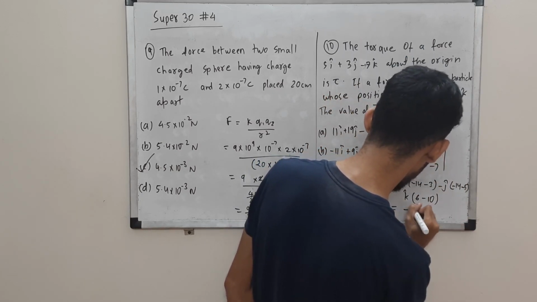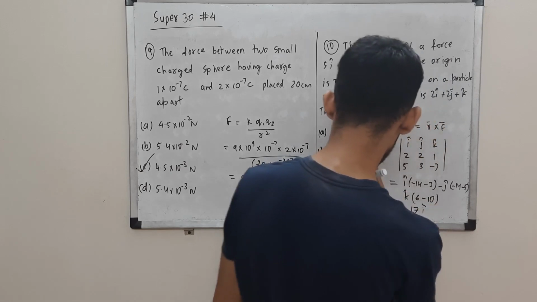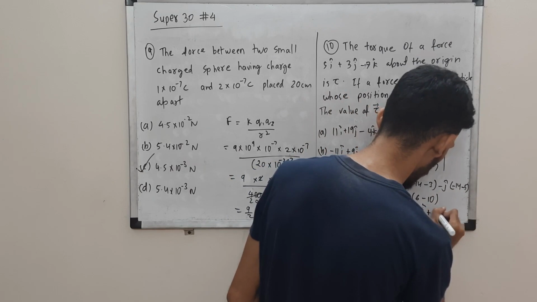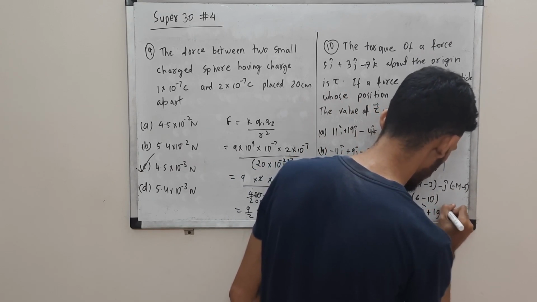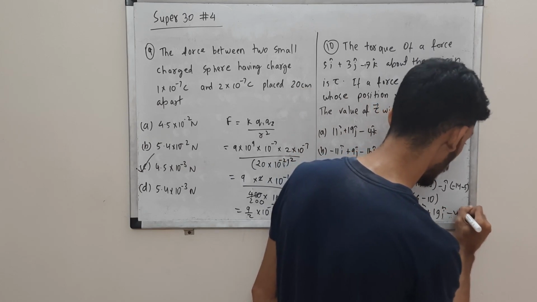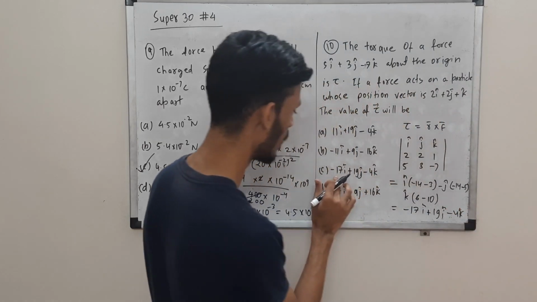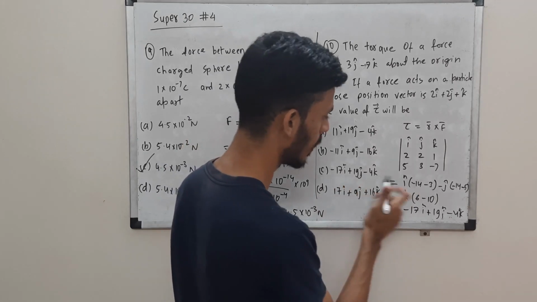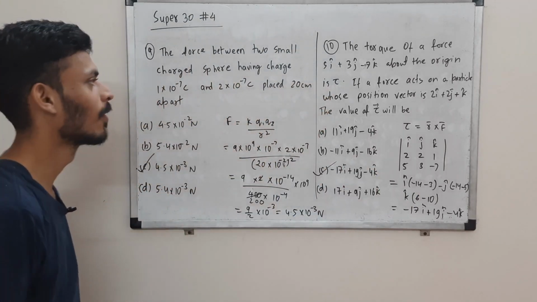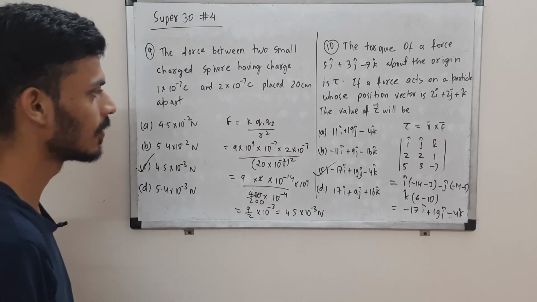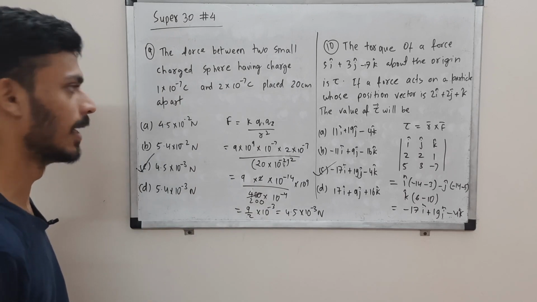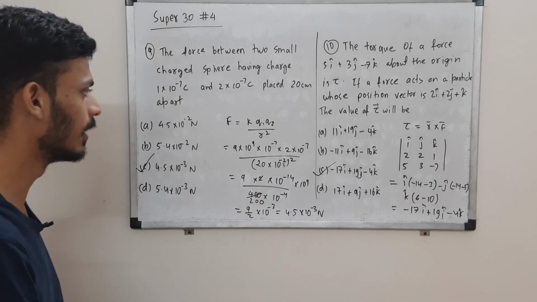So here we'll have minus 17 i cap plus 19 j cap, and this is minus 4 k cap. So option C, if you see, is correct: minus 17 i cap plus 19 j cap minus 4 k cap. So that is your correct answer. These were pretty straightforward formula based questions, usually rare at BITSAT, but they were asked, so we did them.